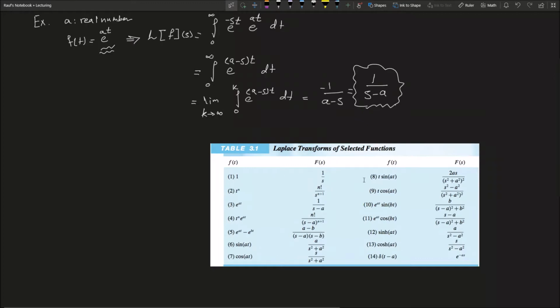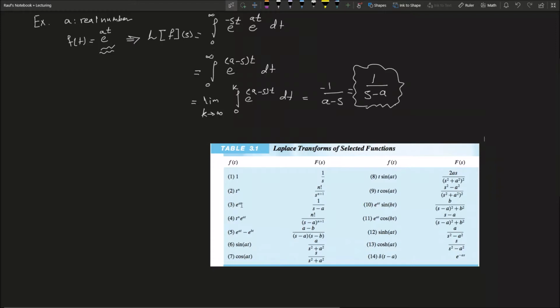You can see that the Laplace transformation for 1 equals 1 over s. So if you go back and follow the same procedure for 1, it will give you 1 over s.